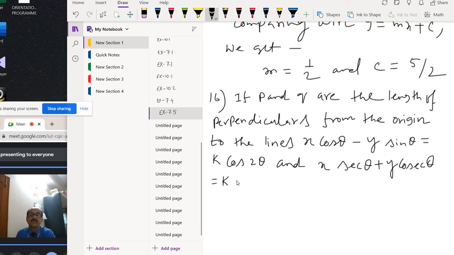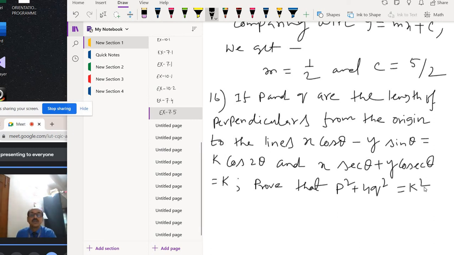Prove that p square plus 4q square equal to k square.